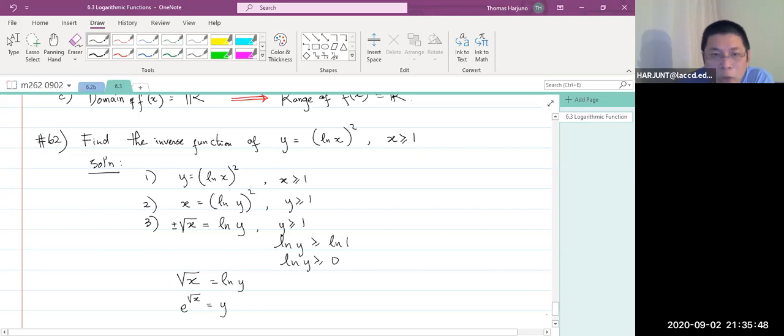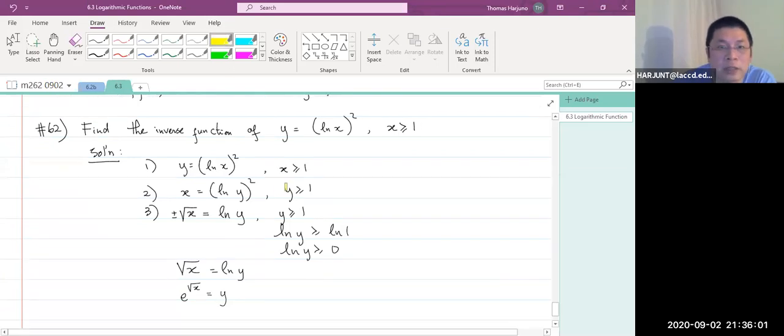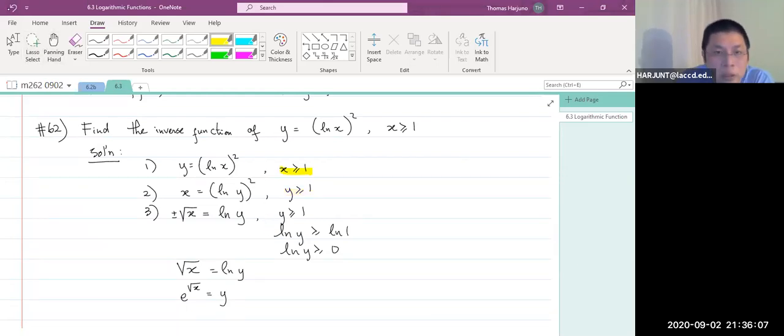Okay, we cannot keep ln y equals plus minus. No, we cannot. Why? Because then it becomes not a function anymore. And the reason they give us this restriction is so that we take only one branch, because they need to be one-to-one. Otherwise, it's not an inverse function.